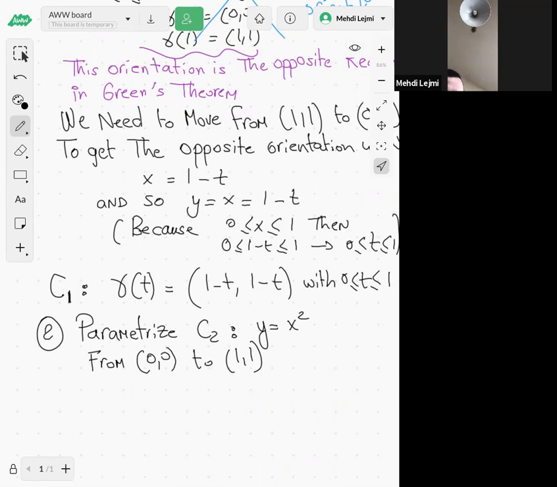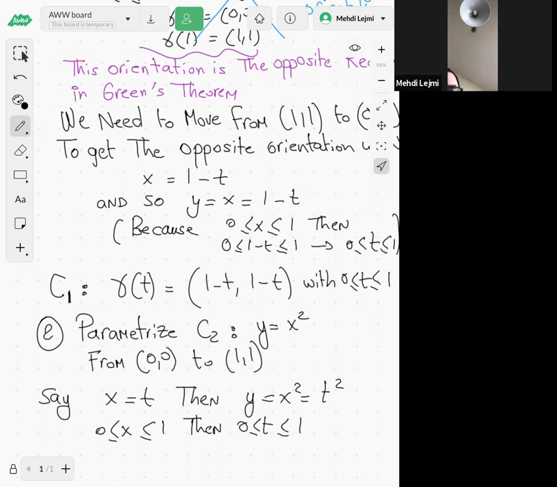Then y, which is x squared, would be equal to t squared. Now, what will be the interval for t? Well, x is between 0 and 1, and x is t, so t is between 0 and 1.